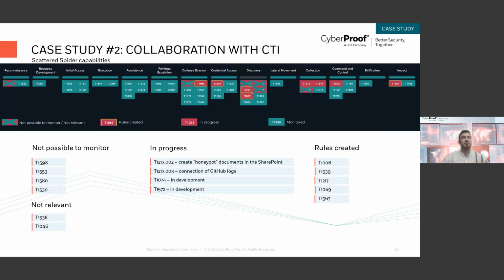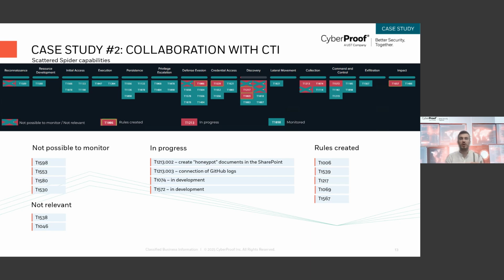Thank you. In addition, we have a collaboration with our CTI team for specific threat groups. The difference between the previous approach and this one is quantity versus quality. The previous approach was more of a quantity one, where we collect many different threat actors and their capabilities together.